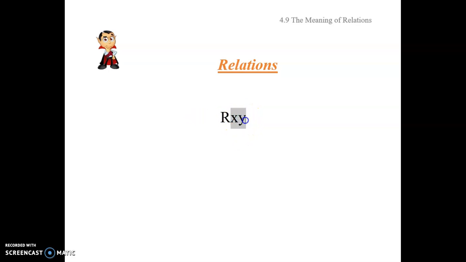The x and the y are known as the relata of the relation, as I mentioned in the previous video. The x in this case is the first relatum, and every relation has a first and a second relatum. So x is the first relatum, and this y is the second relatum.